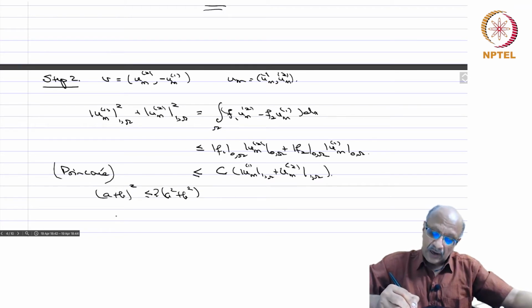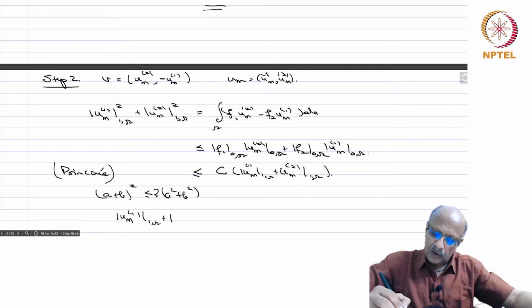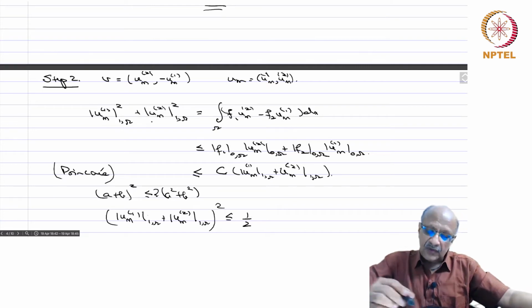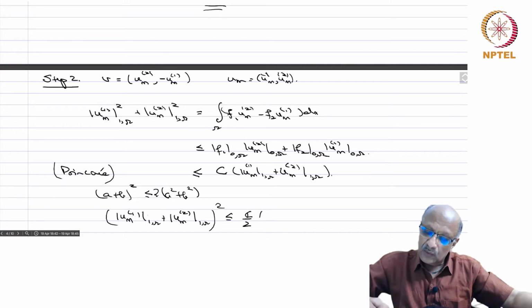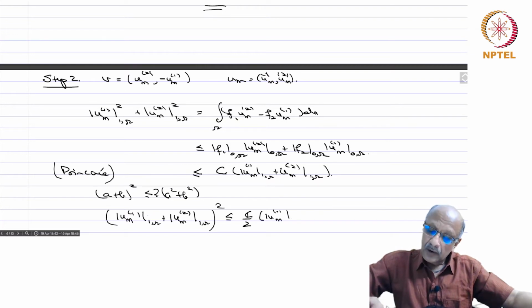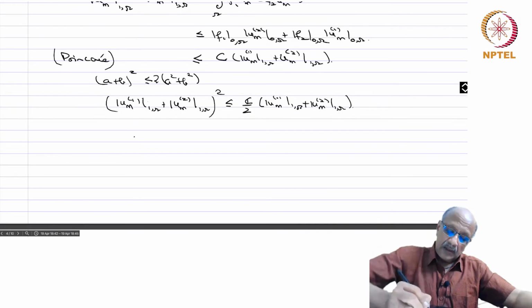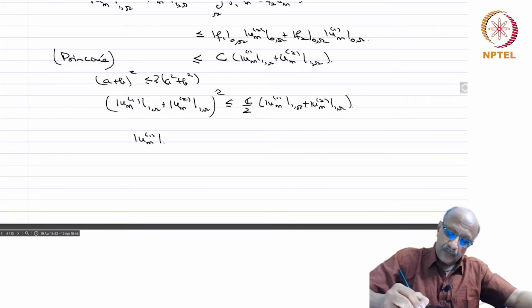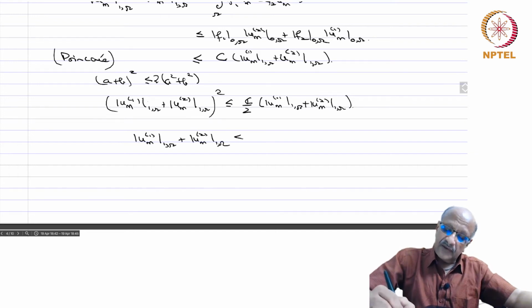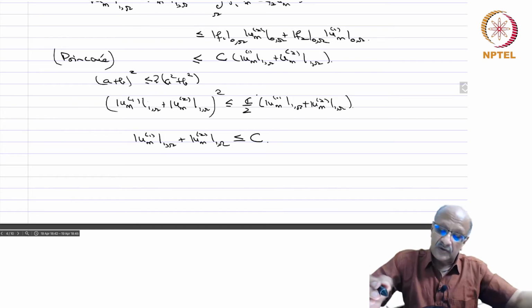Therefore, you have that (norm u_m1 plus norm u_m2) whole squared is less than or equal to 2 times the sum of squares, so the sum of norms is less than or equal to C, some constant C, a different constant, but it does not matter.